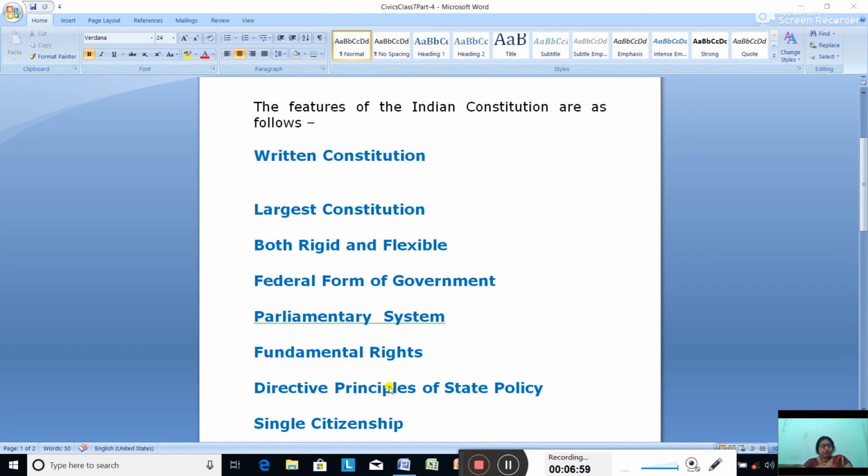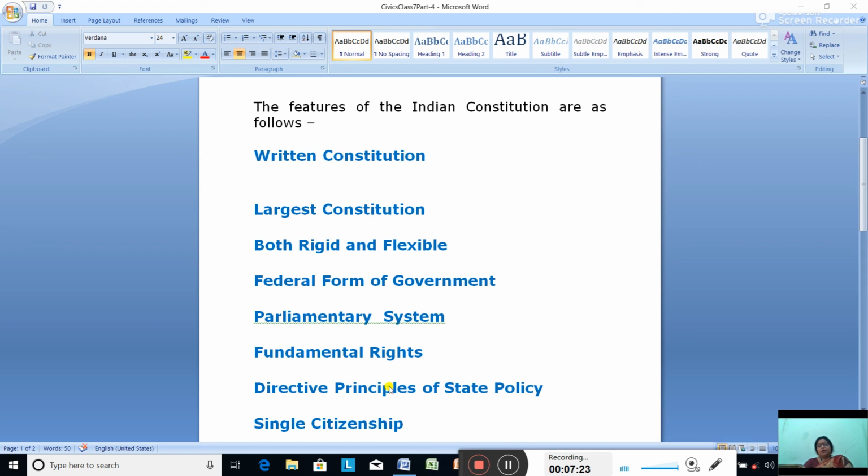Single citizenship. We all are citizens of India. Since we all are born in India, we are citizens of India. The Constitution of India provides a single citizenship, a common citizenship, to all Indians.